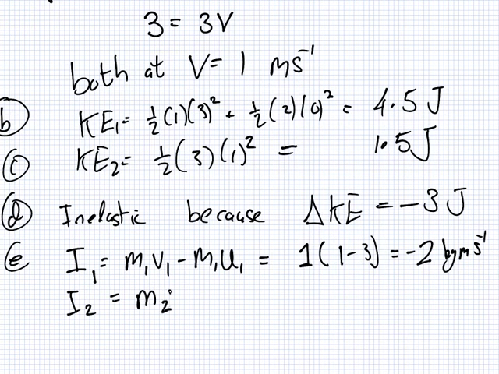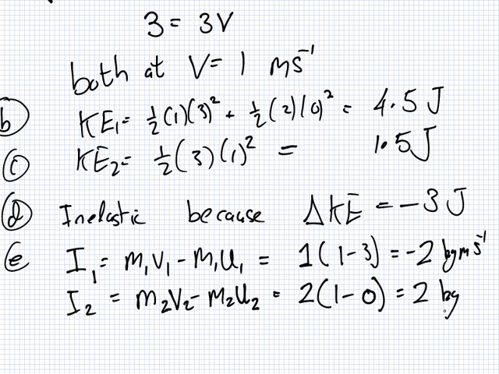M2V2 minus M2U2. Yes, which is 2 times 1 minus 0, which is 2 kilogram meters per second. Now the reason I asked you to do this is you should notice something interesting between the two results.